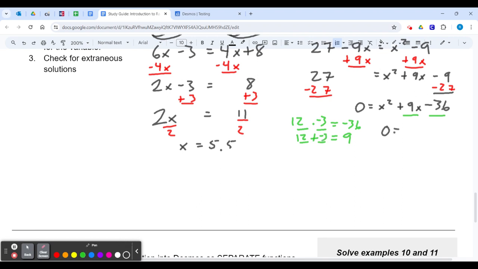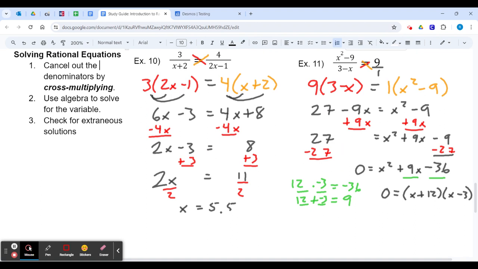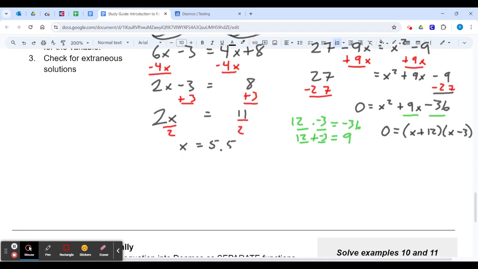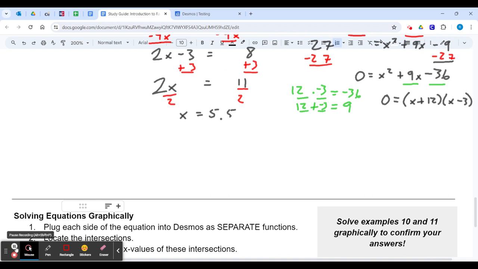So we get 0 equals x plus 12 times x minus 3. And that means that our zeros, or our solutions, are going to be x equals negative 12 and x equals positive 3.